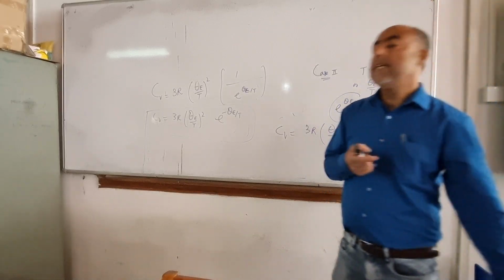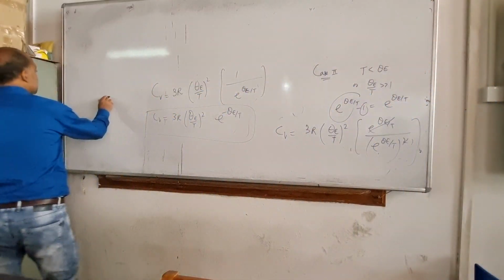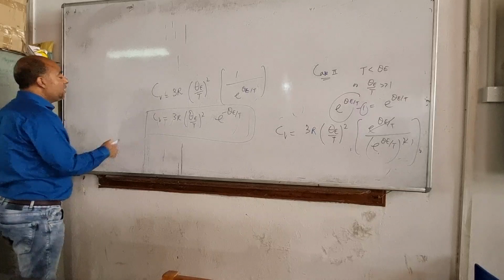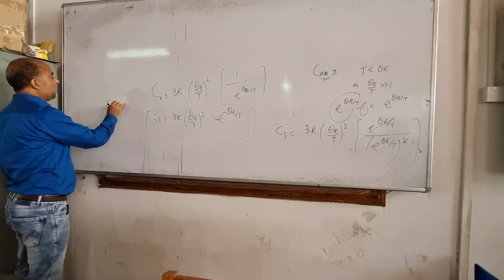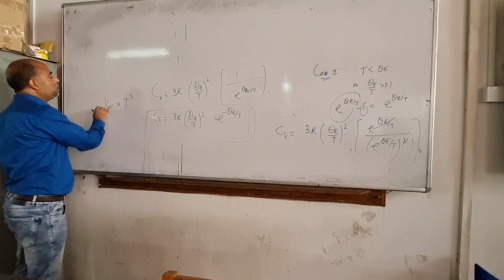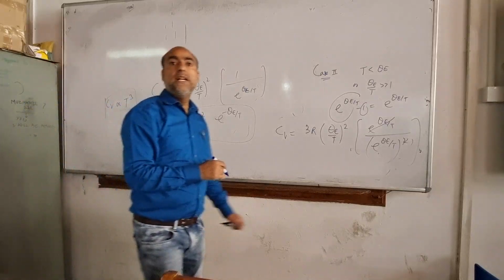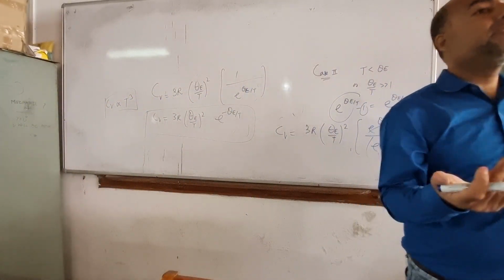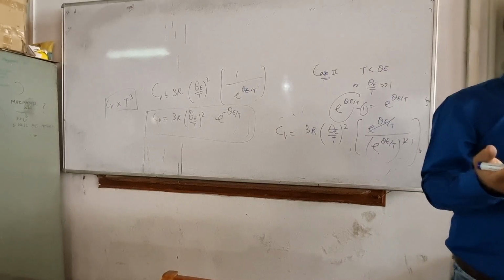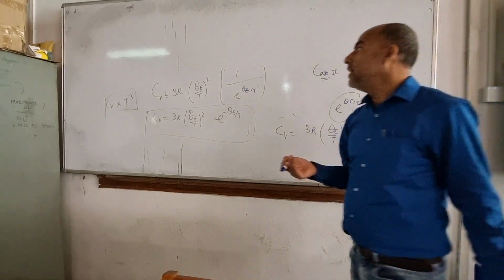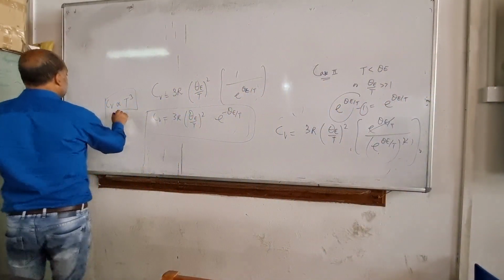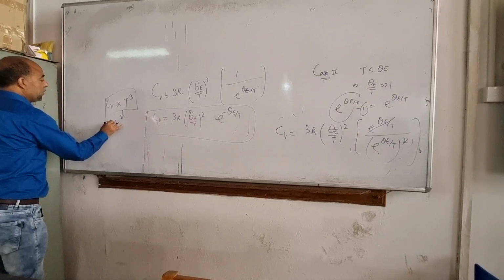Experiments show that CV at low temperatures follows T cube law. It varies as cube of temperature. This is known as Debye's T cube law.